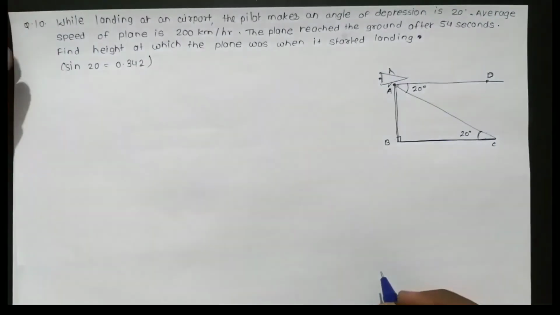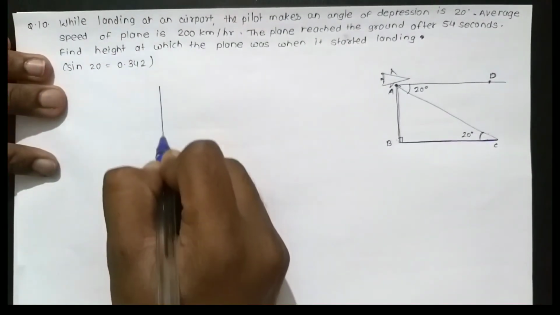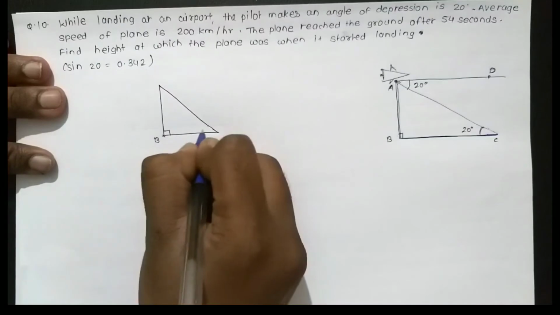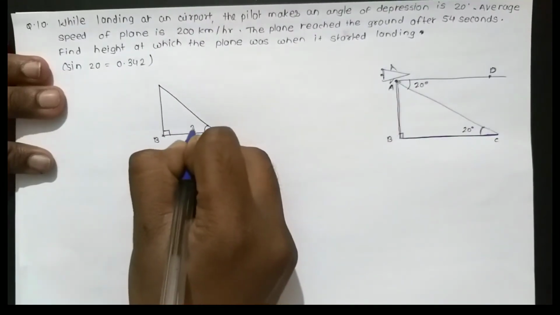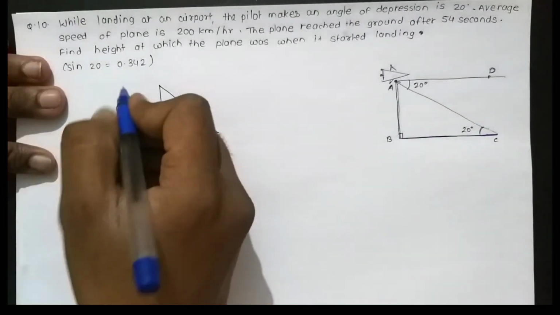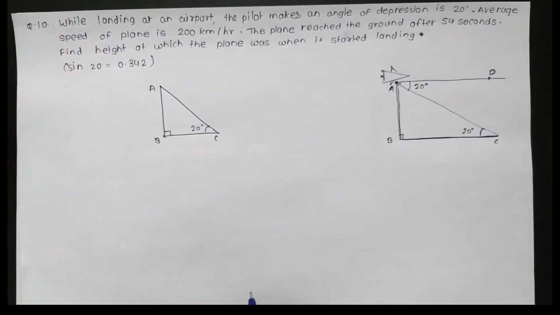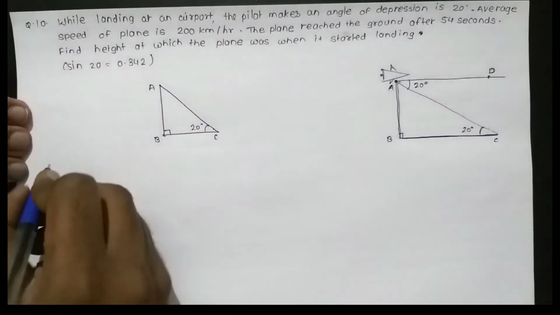Now we have to draw a regular figure like this: right angle at B, theta at C, that is 20 degrees, and A is the position of the plane. So write the information.